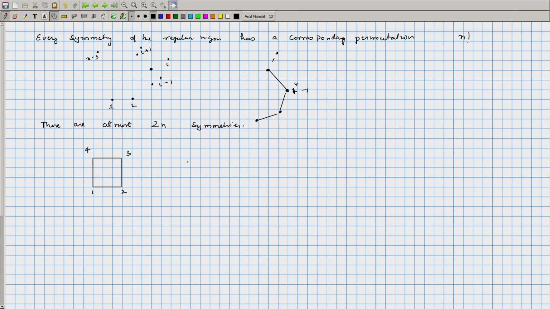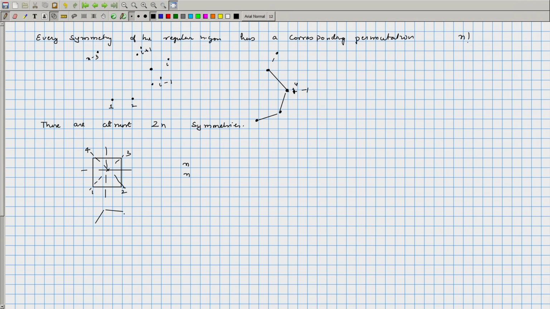Okay. So, that is going to be n symmetries of that kind, and you can flip about 4 different axes, the diagonals and the centers of the sides. Okay. So, that will give you an additional n symmetries.